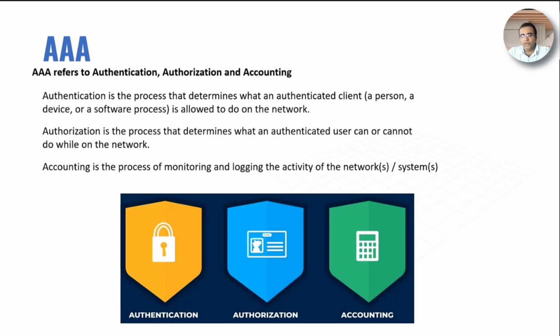Authorization is when you're already in the system, but you're accessing some resources which you're not supposed to. For instance, a normal employee is not supposed to access the data that a manager can access. A normal employee should not be able to view other employees' details, such as what salary they're getting, what the breakup is, what their PAN card or Aadhaar card number is, which is all stored in the company network.